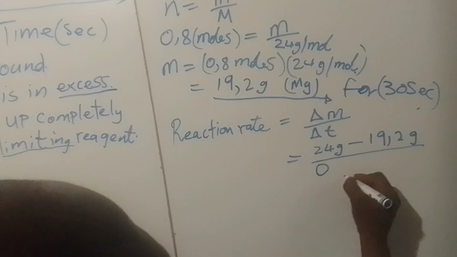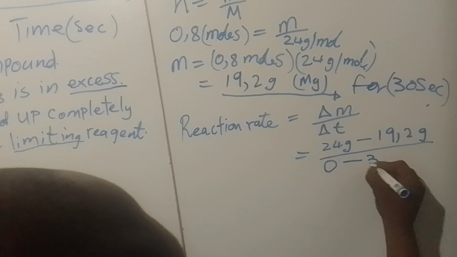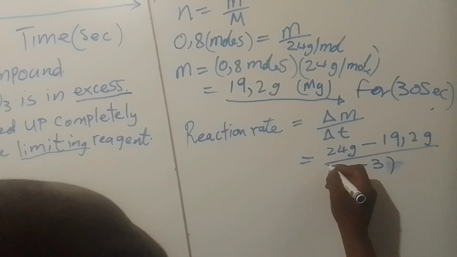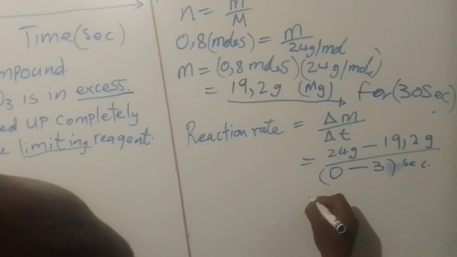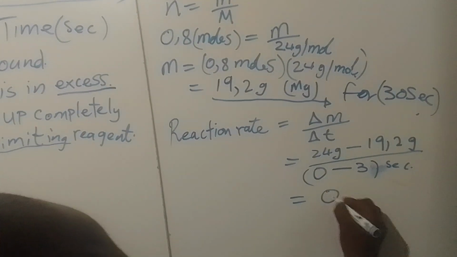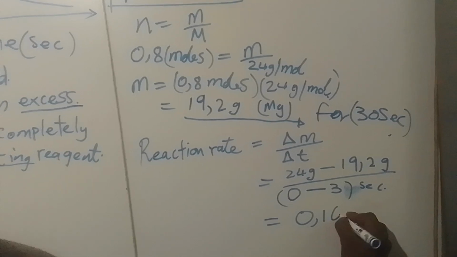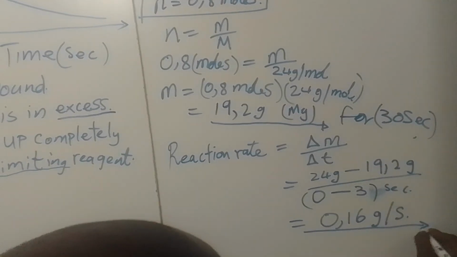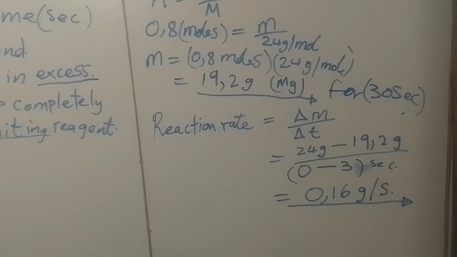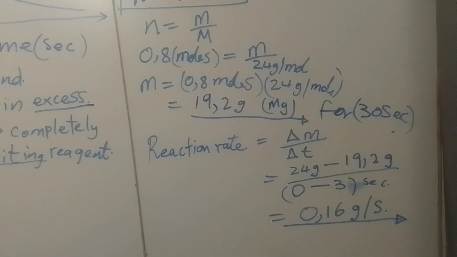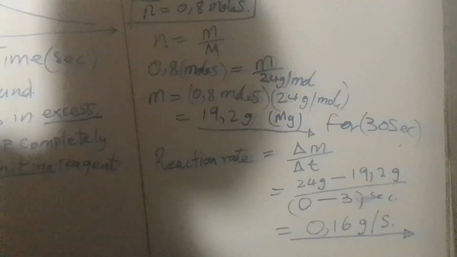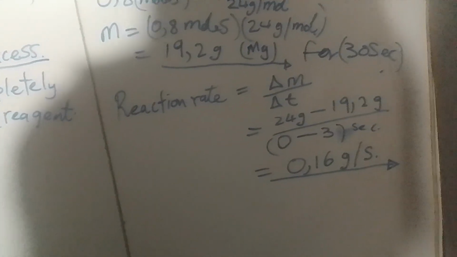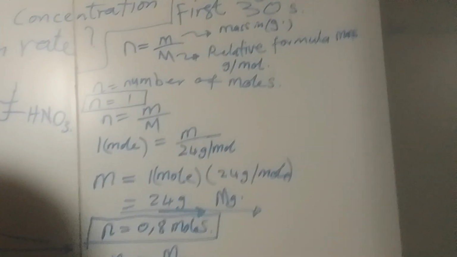It was 0 seconds, we went to 30 seconds. Now we have 0.16 grams per second. This is the rate of reaction. So this is to answer question 5.3.3.